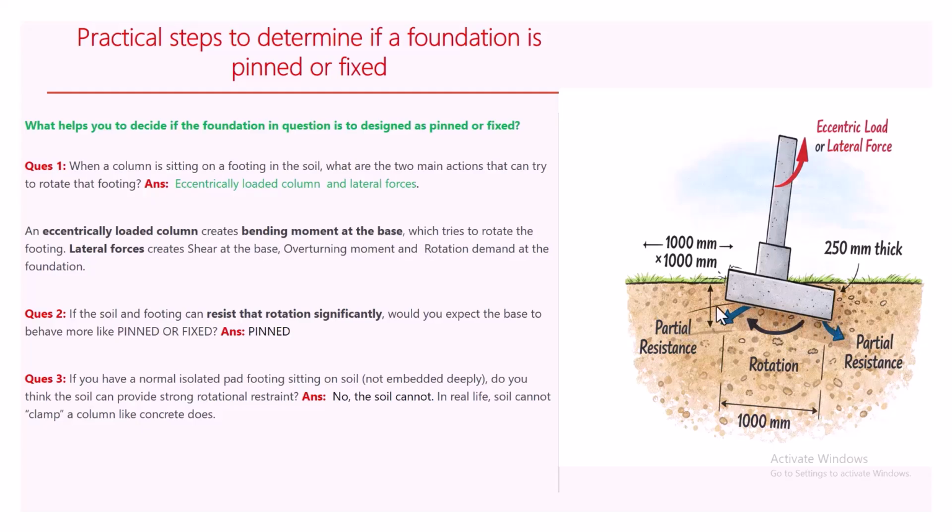Eccentrically loaded means that the column is not loaded at the center, but somewhere away from the center. An eccentrically loaded column creates bending moment at the base, which tries to rotate the footing. So this is the effect of an eccentrically loaded column.